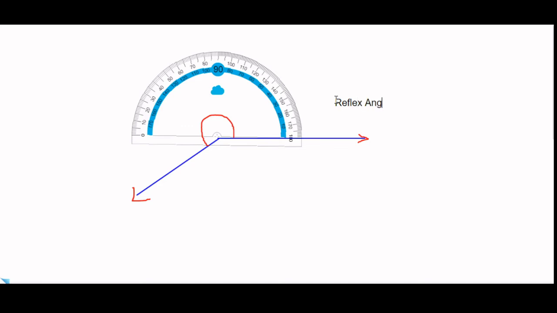Reflex angle का measurement 180 डिग्री से लेके, 181 पकड़ो, 181 डिग्री से लेके आगे 360 से 1 कम करेंगे, 359 तक चलेगा. Such angles are reflex angles.